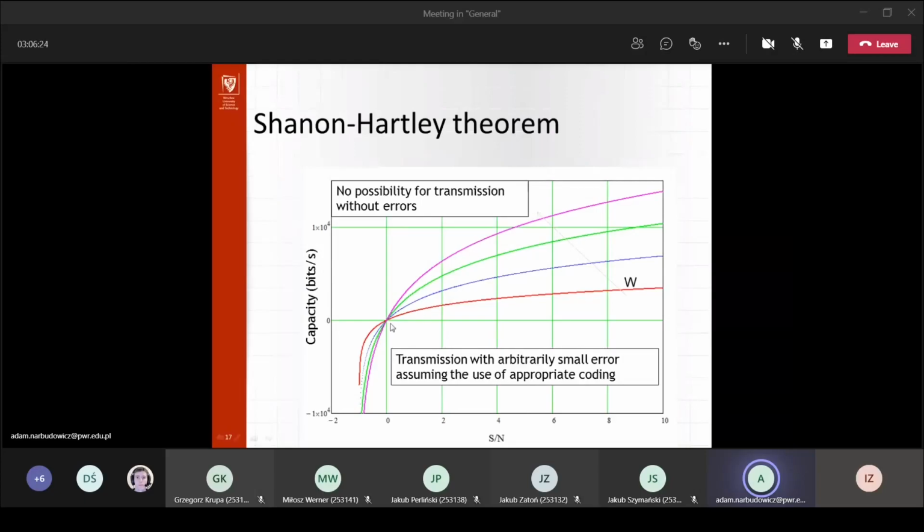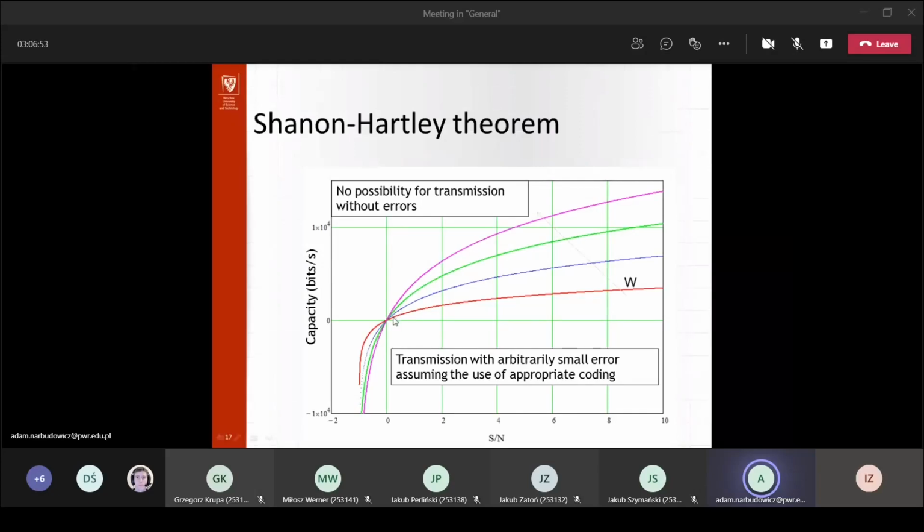However, even in such a case, you can still transmit some information, just very, very slowly. And if you think about this regime, even if you have a lot of noise, you can still try to increase the bandwidth of your signal to increase the capacity of your channel.